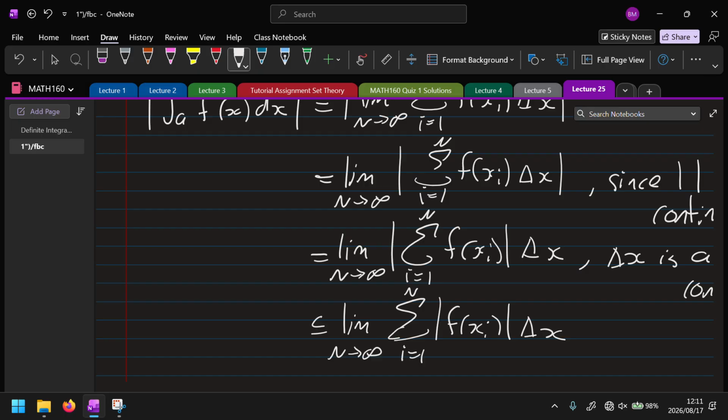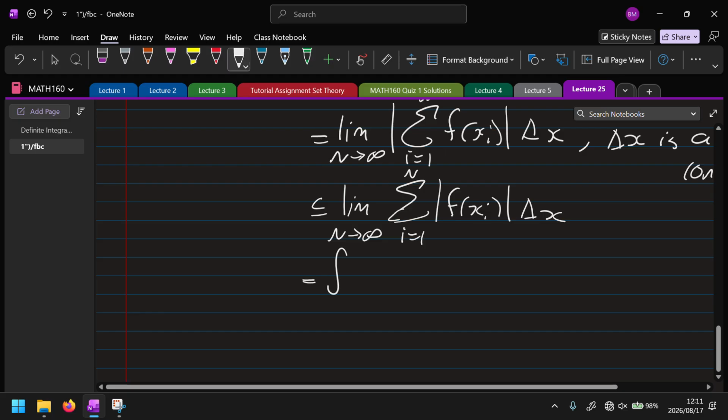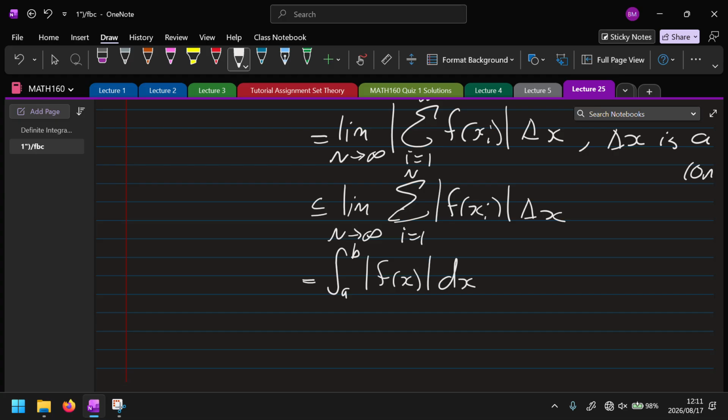You've got the page. So this limit of the sum is just the definite integral with absolute value of f. The limit of the sum becomes the integral, the delta x becomes the dx, and whatever we're summing becomes the integrand. Again, nothing new. Everything is just on the page. You just need to rename some things.